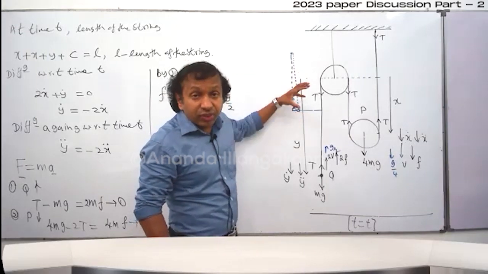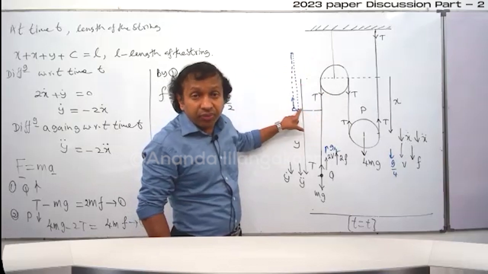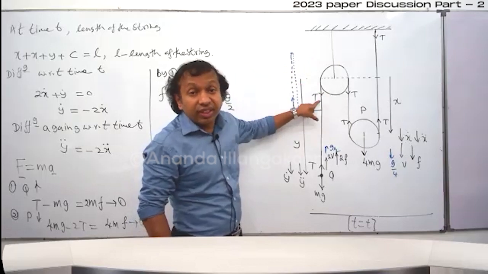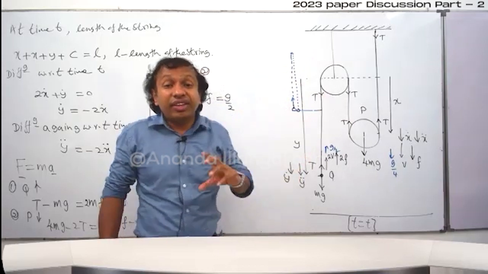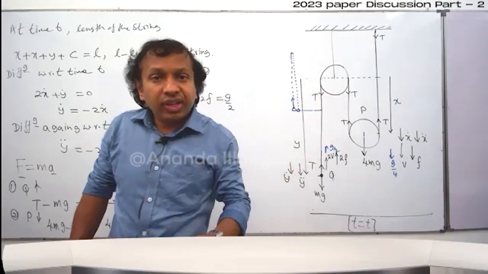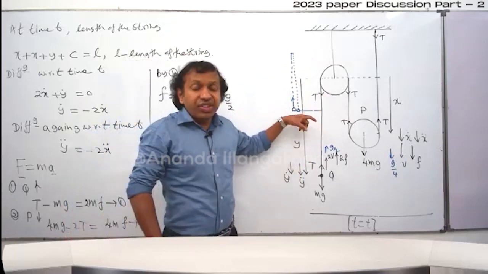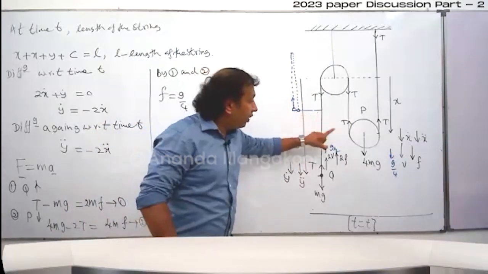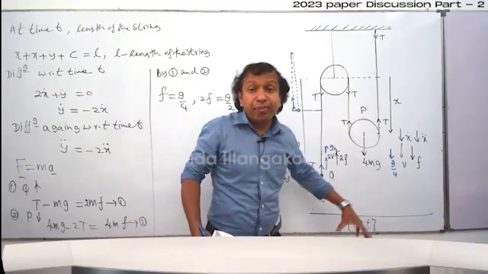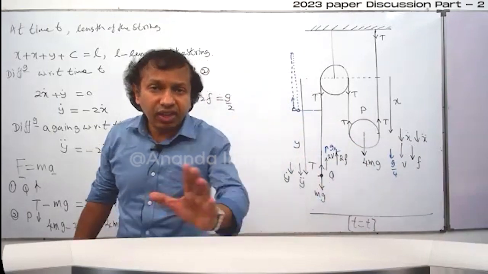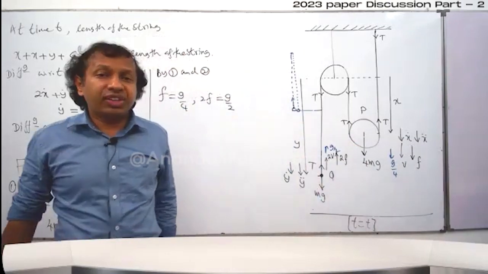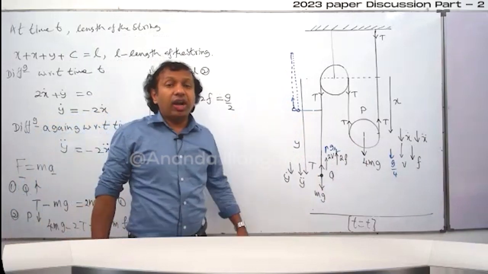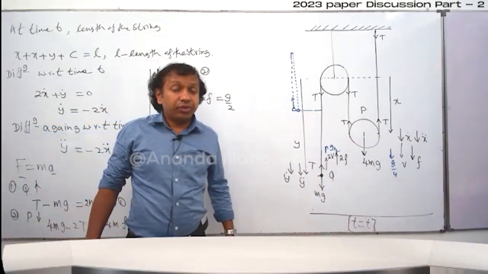Then what happens? In the downward direction of motion, the particle passes this level, and again the string gets taut. Because of that, impulsive tension is created in the string, a sudden jerk. Because of that jerk, this particle moves downward, and this particle from here begins to move upward with the same velocity. Thereafter, the question does not mention anything, so only up to that moment we are asked to draw the VT graph.